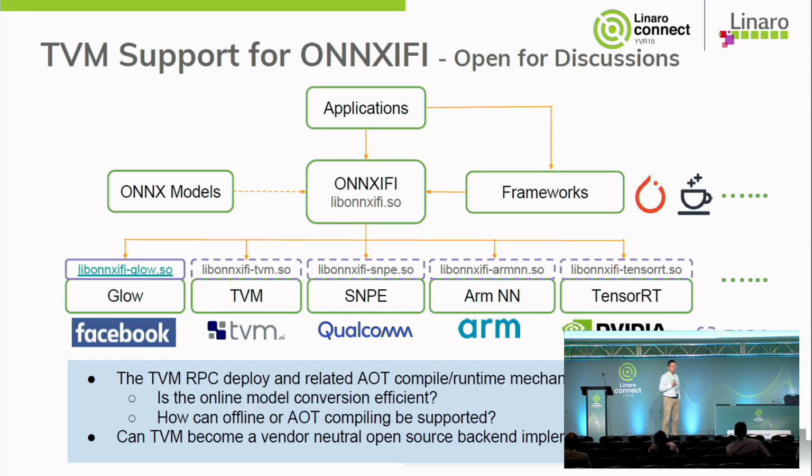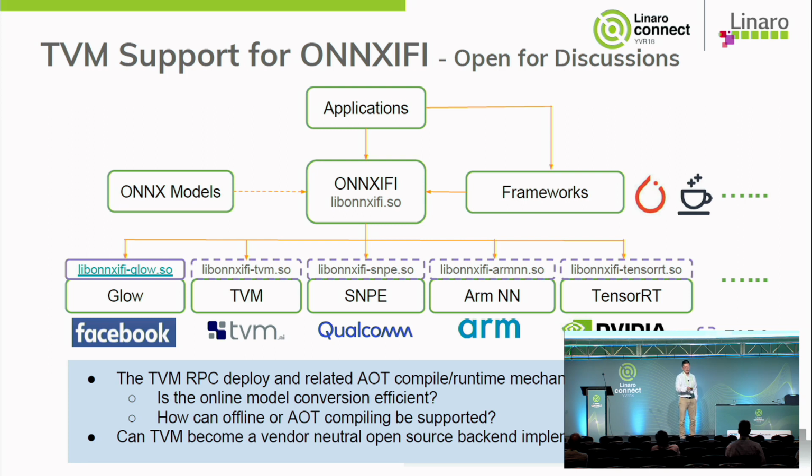Okay, so this is a diagram I just drew for discussion. I think currently there is one global backend implemented by Facebook already for ONNXIFI. I think it can be used as a good reference for how we can support ONNXIFI and integrate with the up-level applications and the up-level frameworks, right?